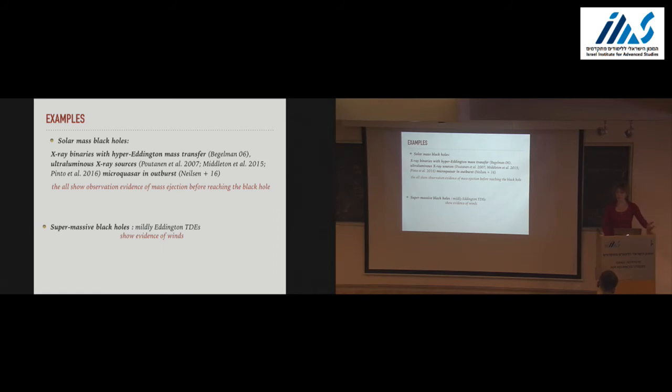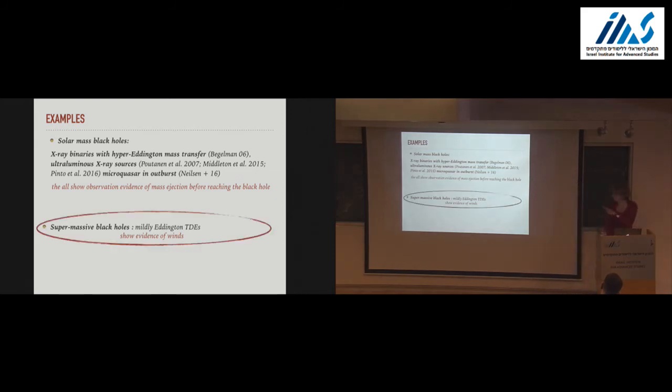And for supermassive black holes, in TDs, when they are mildly Eddington, both TDs and these sources show observational evidence of winds. That's why people think that they lose most of the mass by winds before the mass reaches the hole.